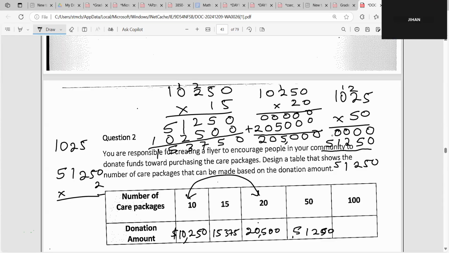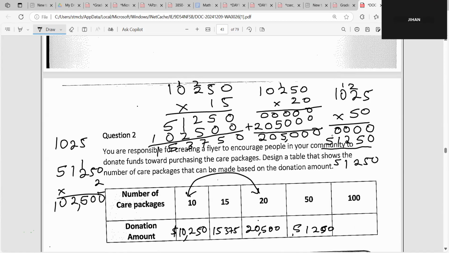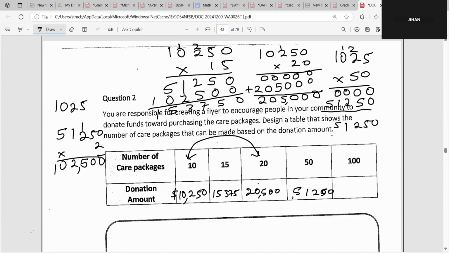So then 2 times 0, 0. 2 times 5, 10. Put down the 0 and carry the 1. 2 times 2, 4, plus 1, 5. 2 times 1, 2. And 2 times 5, 10. 102,500. Correct. Very good.